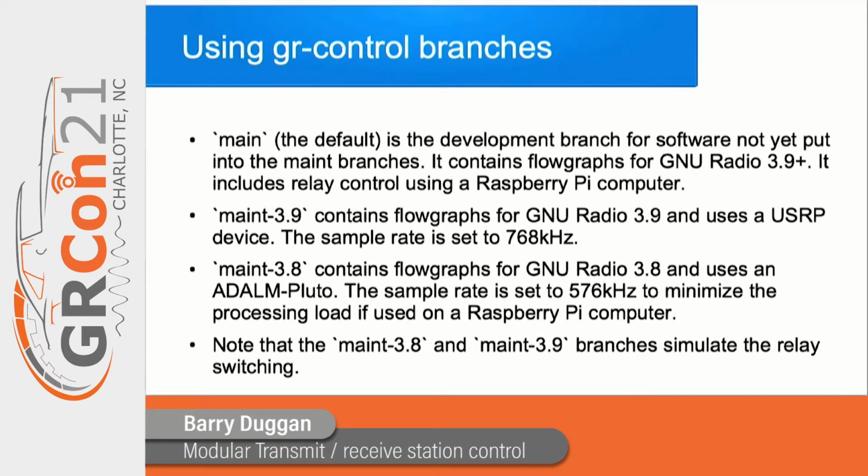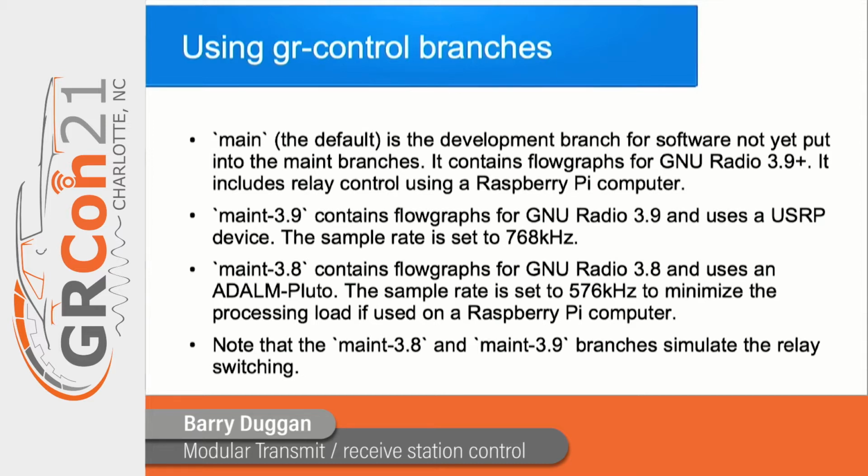There are three branches in my repo. The main, which is the default, is my development branch. It uses flowgraphs for GNU Radio 3.9 plus and includes relay control using a Raspberry Pi computer.